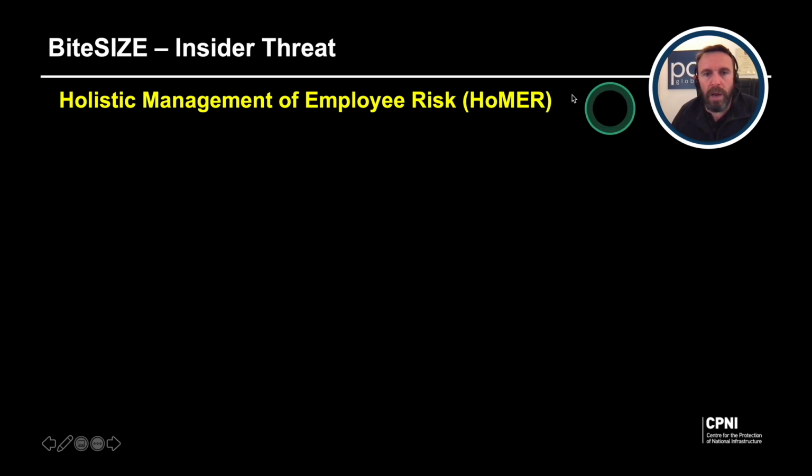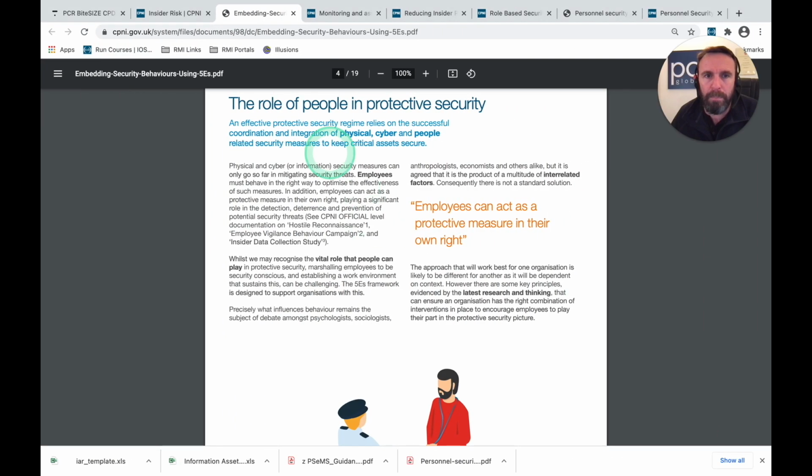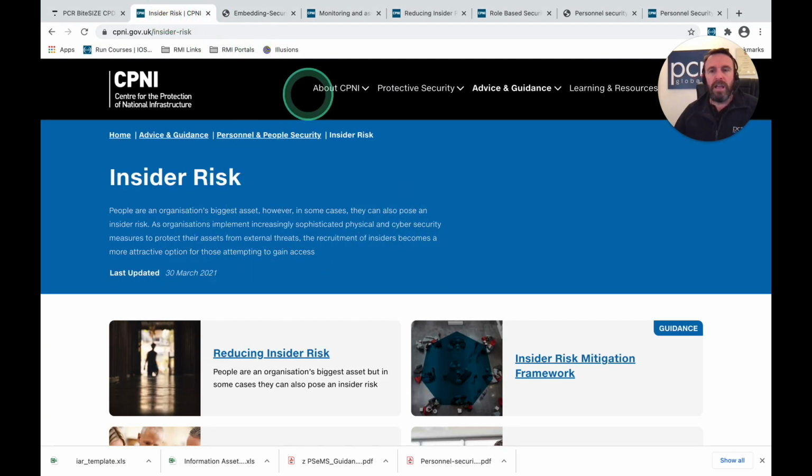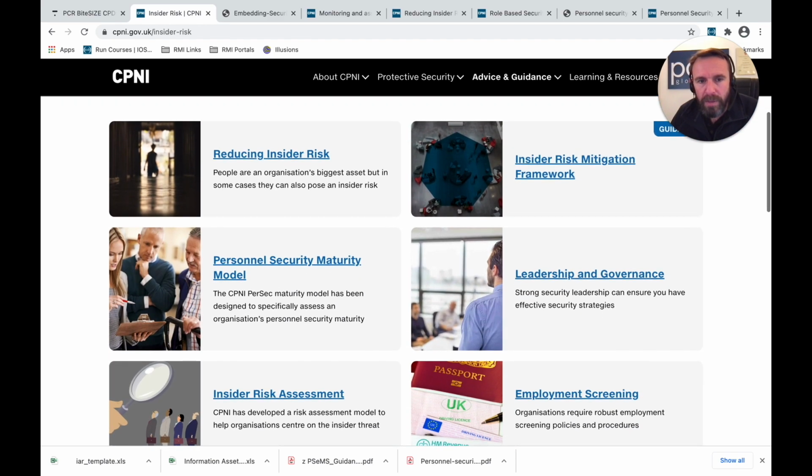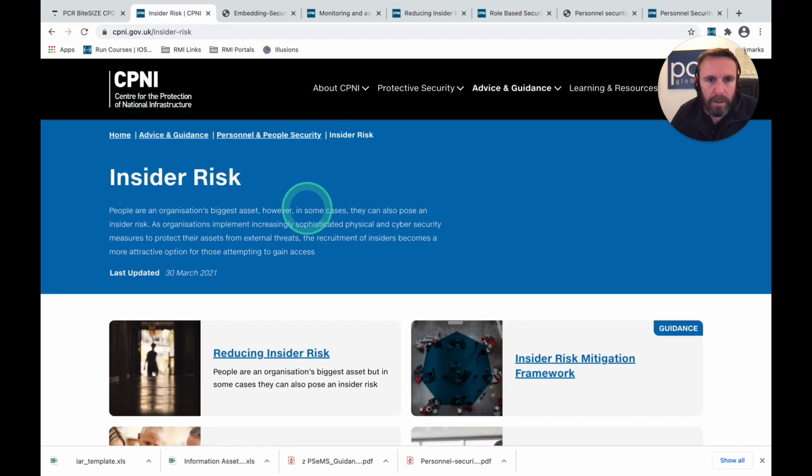Before I actually go into the holistic management of employee risk, I just want to jump back into the insider risk area within the CPNI website. Look how fantastic this is, and updated. Some of the documentation here is quite old, but a lot of the stuff that's written in here is new. So insider risk, people are an organization's biggest asset. However, in some cases they can also pose an insider risk. We looked at the different groups, didn't we? Insiders, outsiders, and those who collude.